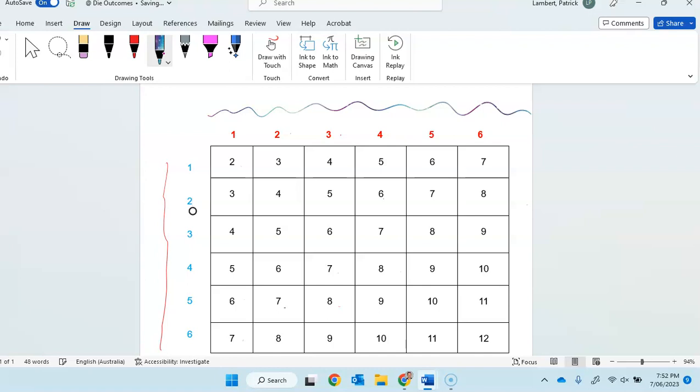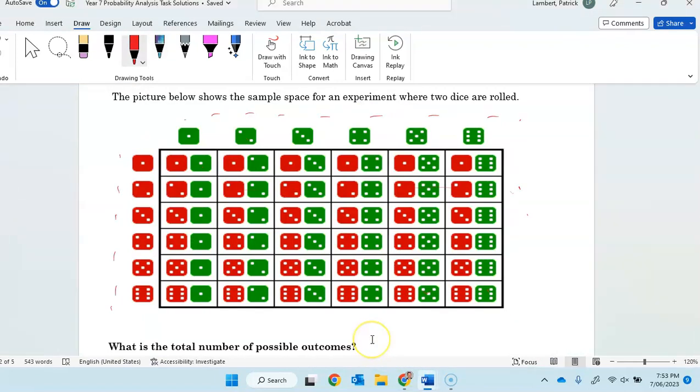So if you look through here, 7 has the highest chance of occurring and 2 has the least chance, along with 12. There's 2 for 11, there's 2 for 3, there's 3 for 4, and there's 3 for 10, and so on until you get to 7, which has got 1, 2, 3, 4, 5, 6. 1 in 6 chance. So that's just another way of looking at the same thing.